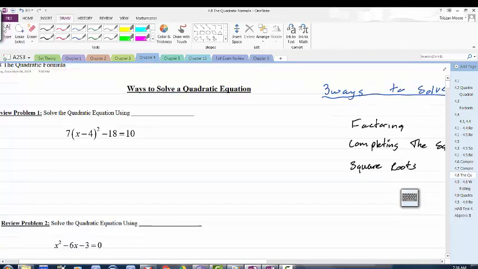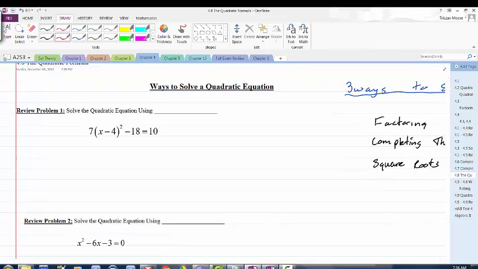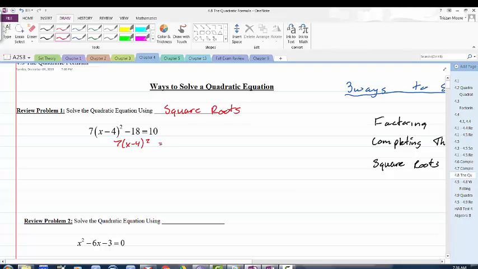Now, mind you, if I gave you this problem right here, just a little review. If I see a problem like this, you have a choice as to how you're going to solve this. How I would solve it is I would use square roots. Just using square roots, you end up with 7 times x minus 4 squared equals 28. And then that means that you end up with x minus 4 squared equals 4.